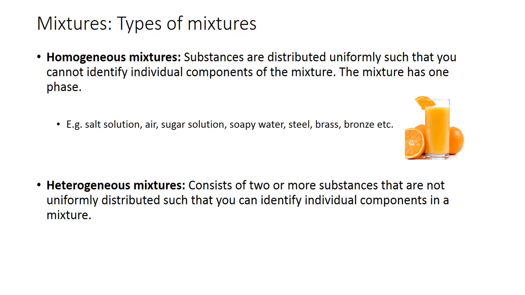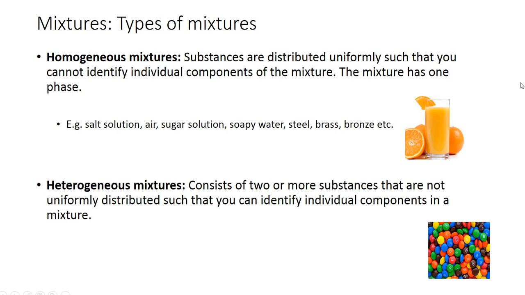Then we have heterogeneous mixtures. Heterogeneous mixtures consist of two or more substances that are not uniformly distributed, such that you can identify individual components in a mixture. So this is an example. Here you can collect the different items and be able to separate them easily.